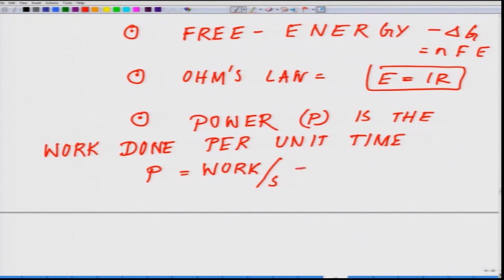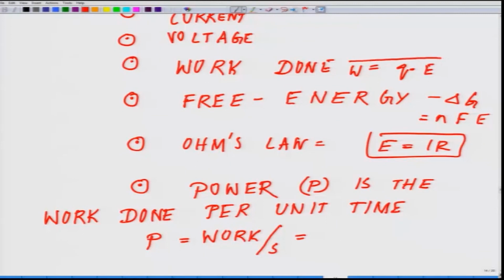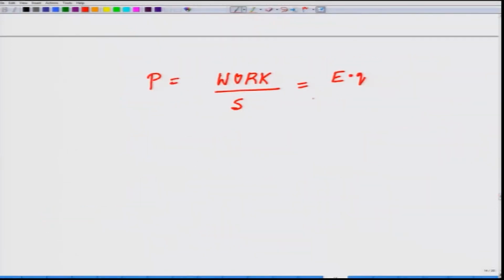So, we can represent this as P is equal to work upon S, which is the time. Work could be represented as EQ. If you remember, just a few minutes back we talked about this. Work is EQ. So, it is EQ divided by the seconds.